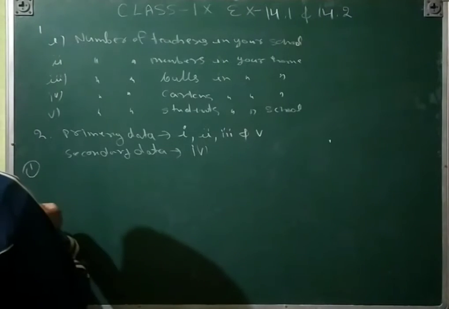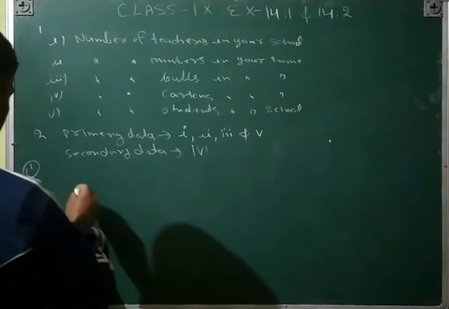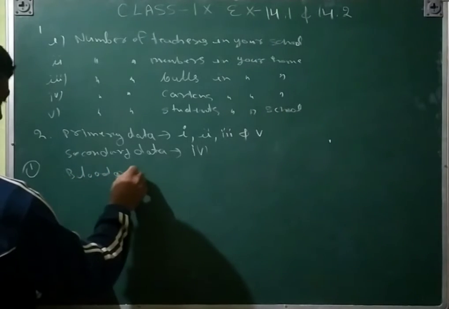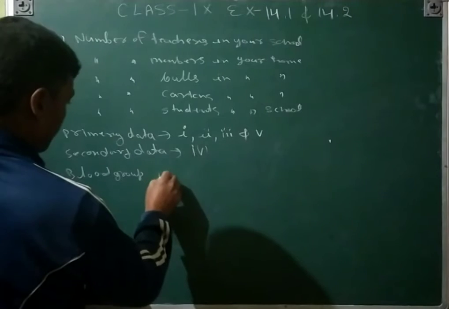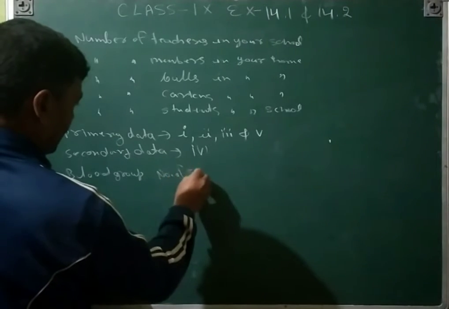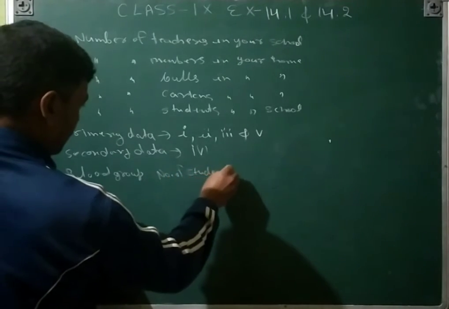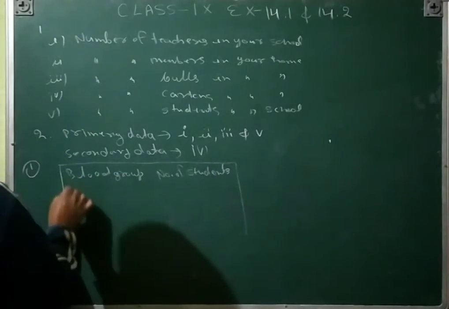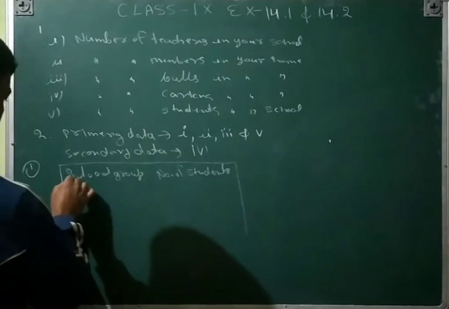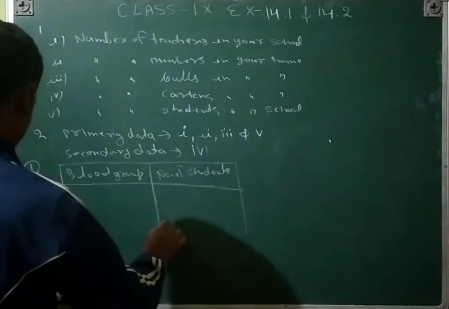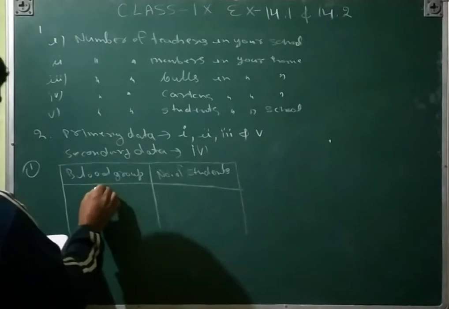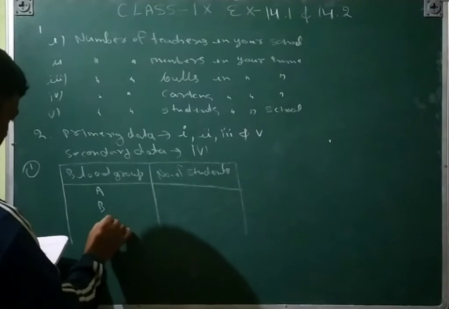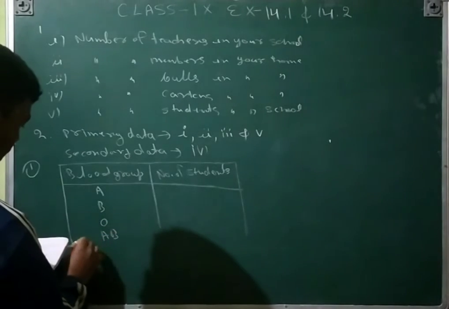You will write here blood group and number of students, and then draw it like a box. How many groups are there? Only 4: A, B, O, AB.